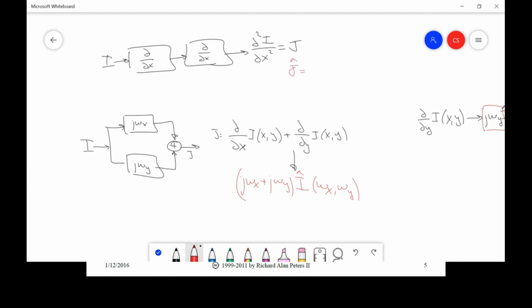I have to multiply by this one, and those two are linear systems, so I simply have to multiply the transfer functions. So this will be j omega x squared, and then the Fourier transform.